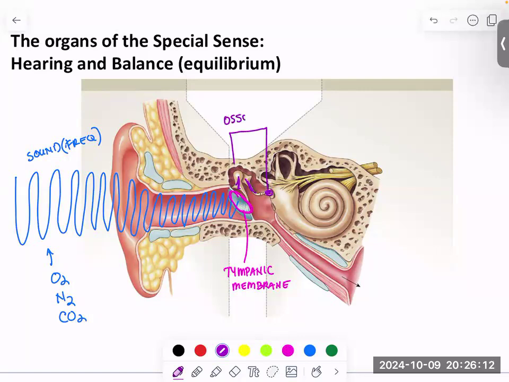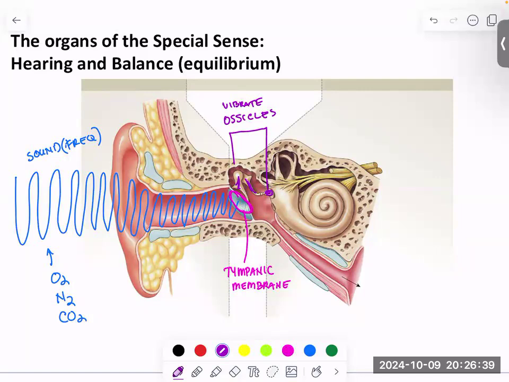These are the ossicles. As far as I'm concerned in lecture, we will learn them as the ossicles. Next week in lab, you will learn the actual names of each one. That's lab. Stapes. These will vibrate based on how the tympanic membrane vibrates. So you see how the sound makes the tympanic membrane vibrate.